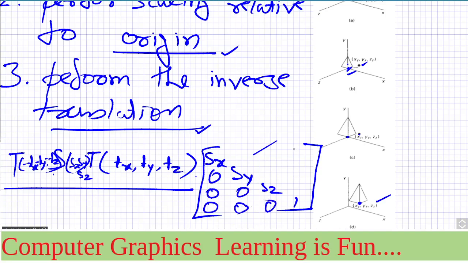However, in the translation place, we have seen this kind of matrix earlier, and on that basis I can say it is 1 minus sx into tx, 1 minus sy into ty, and 1 minus sz into tz. Other places it is 0.